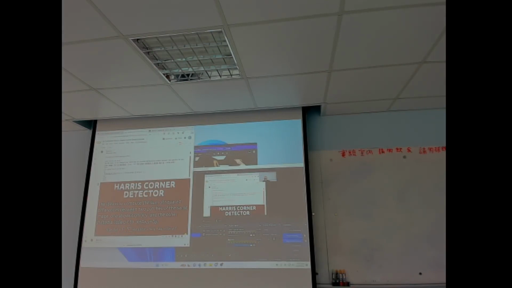So here would be our definition of a point. Anything that has a large sum of differences. So we sum up over the x and y's of our windowing function, and we take either the intensity or the red, green, blue components of the image at x plus delta x, y plus delta y, and we subtract from it the intensity at x and y.